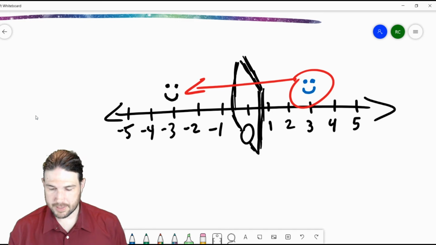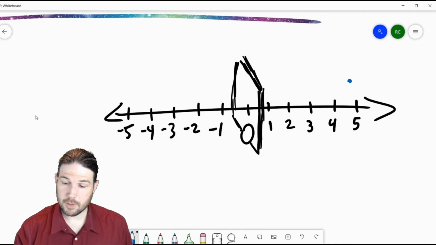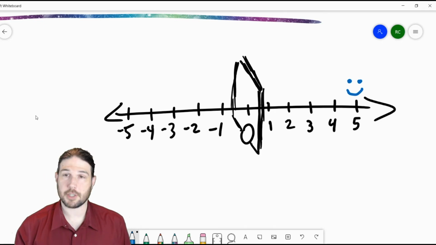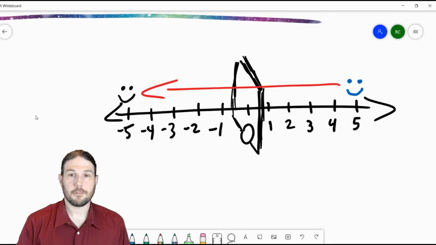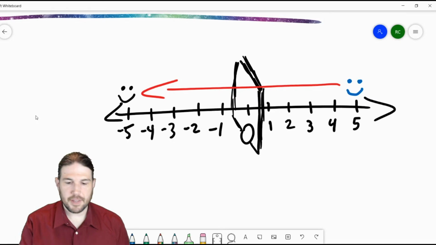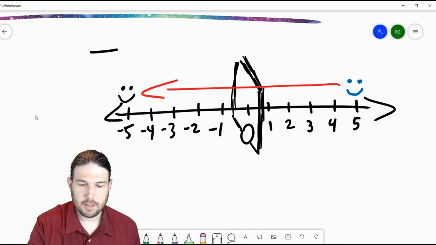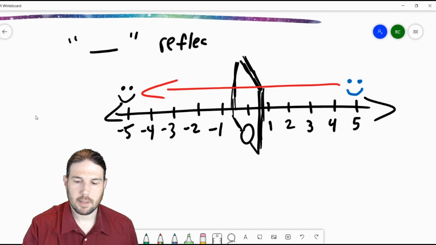So if I was instead 5 feet away to start, well, then my reflection would be 5 feet from the other side of the mirror. So I see the negative sign as a reflection across 0.